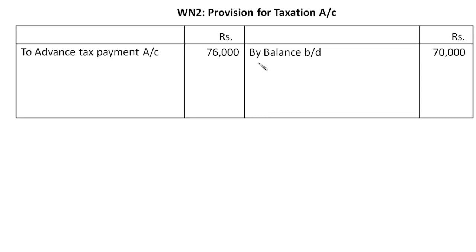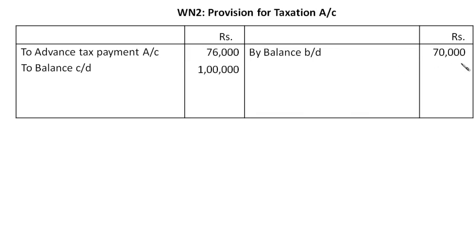That we should factor. Then we also should know what is the provision for taxation that has been made for the current year. So look at here. The question says the provision for tax balance is 1 lakh. So now you get a point that you had an opening balance of 70,000, of which you have closed it by advance tax payment of 76,000. It means on the credit side you should provide some 6,000.